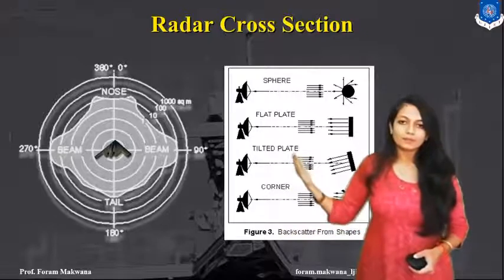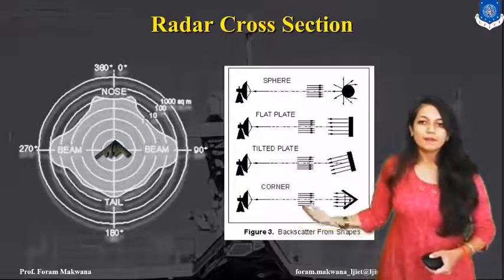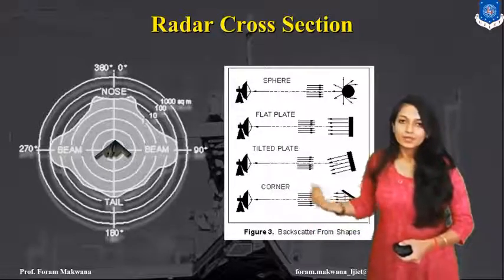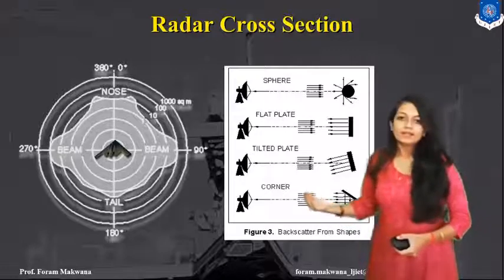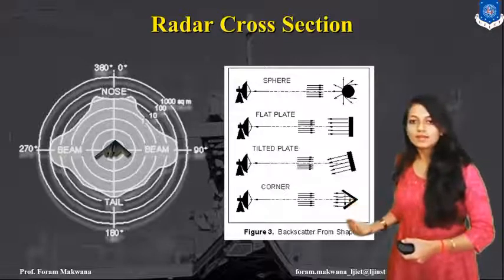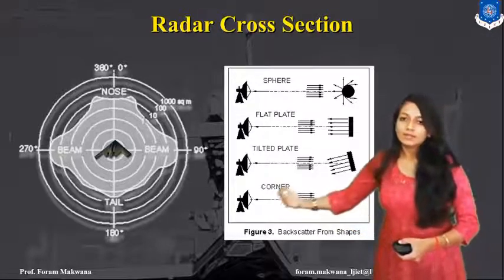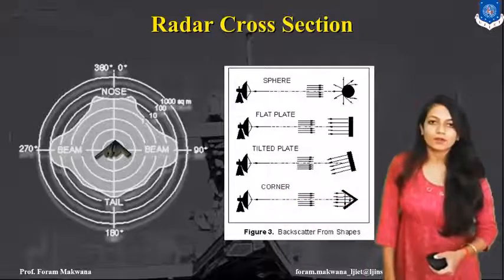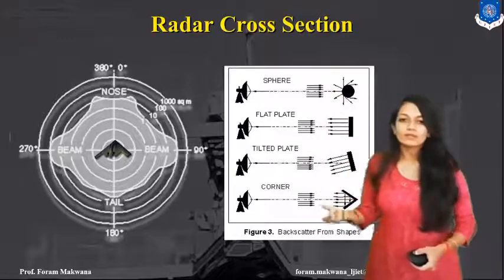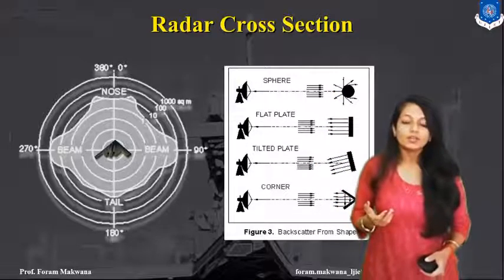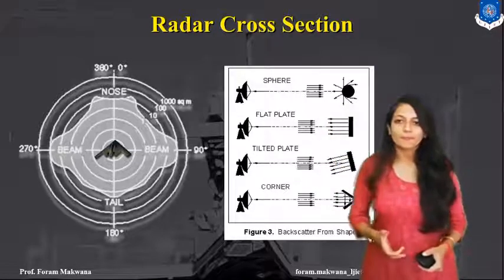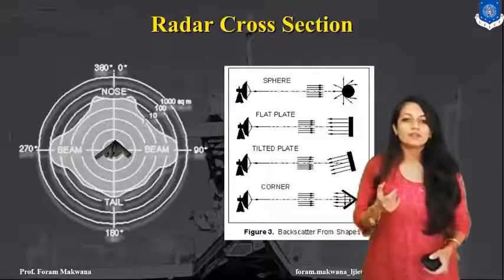Fourth, if my target has a corner like this, my signal touches one plate, is reflected again, and again reflected and directed towards my radar. So this depends on the cross section of my target. The echo signal largely depends on the cross section, and based on that we can receive an echo signal.